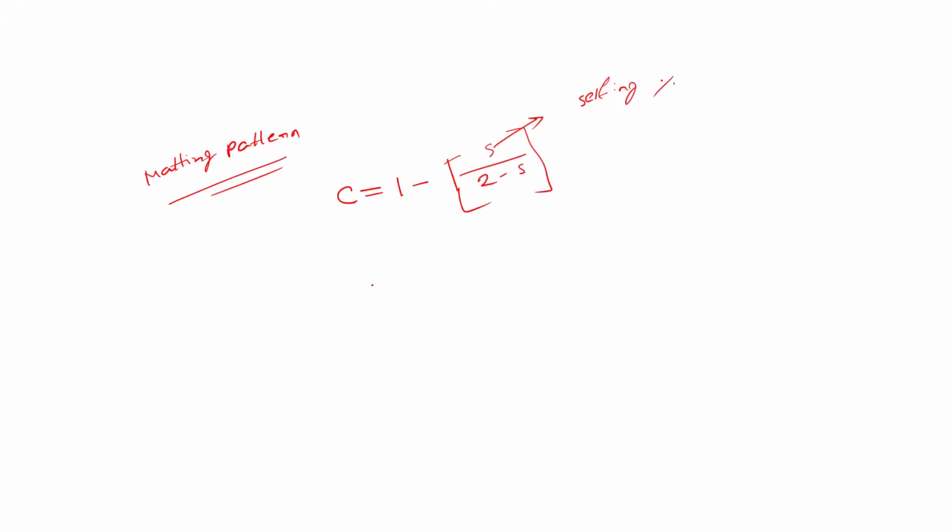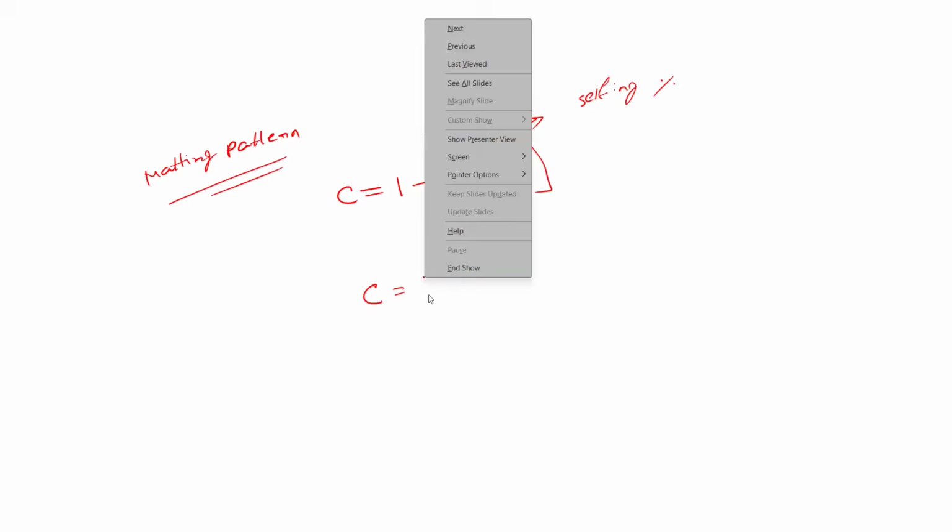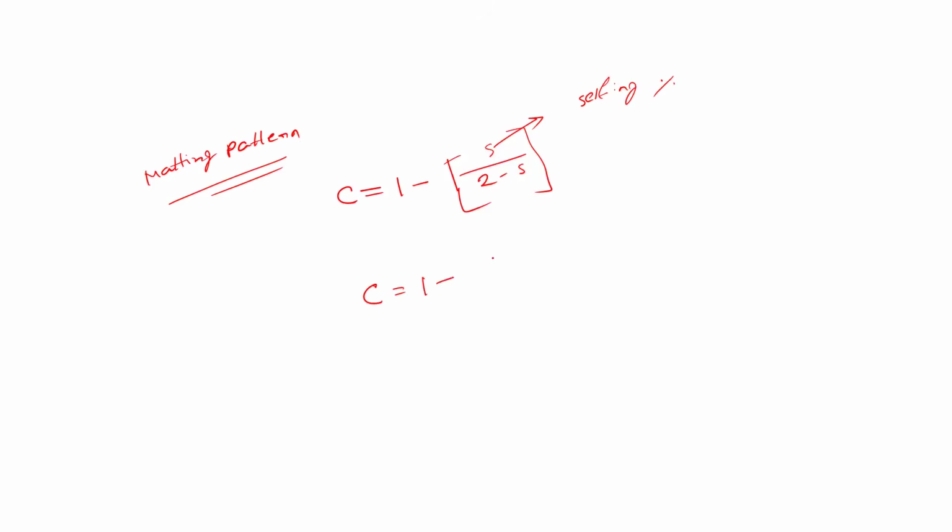If the population is a self-pollinated plant, s will be 100 percent, which means 1. Then 1 minus 1 is 0, so the crossing over recombination rate is low.